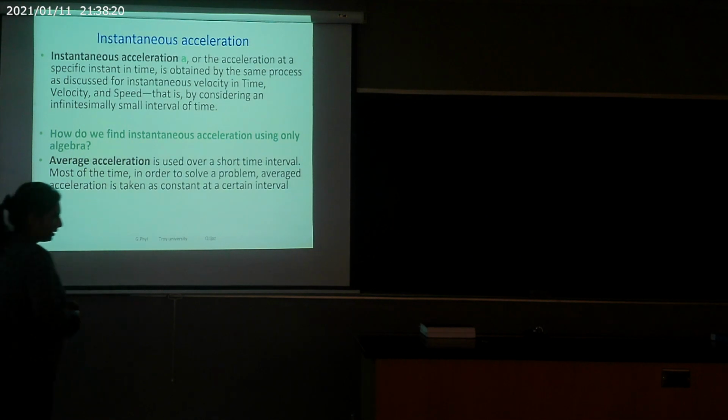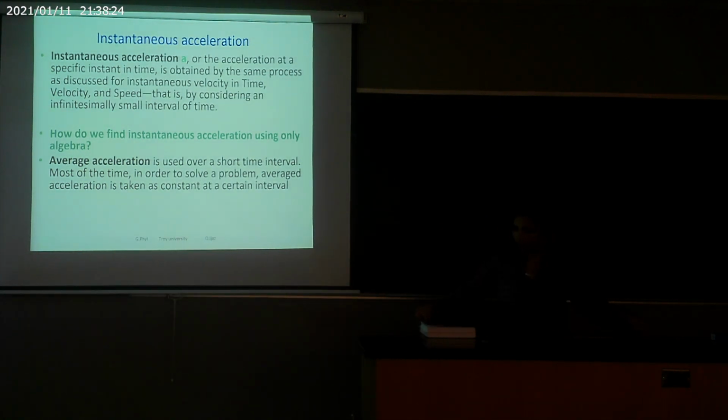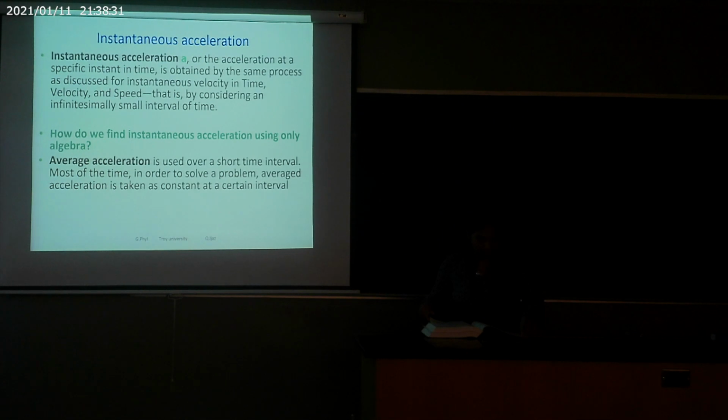Right, let's get started. So we started with the definition for average acceleration. Average acceleration is the change in velocity with respect to time, or the rate of change of velocity. So if velocity is subject to change, there will be acceleration produced.